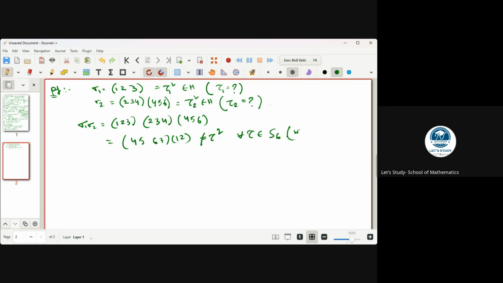Why? Again, so sigma 1, sigma 2 does not belong to H. So H is not a subgroup.